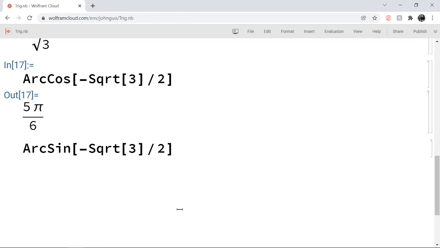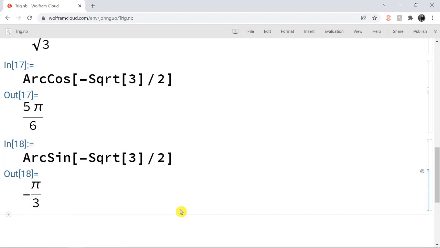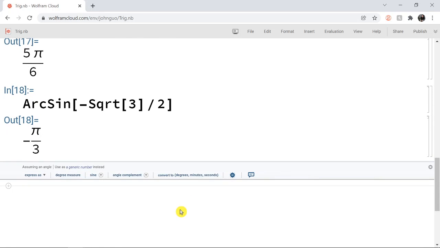But there are many angles that do that job. This ArcSine function is only going to give us back the angle between negative pi over 2 and pi over 2, or in degrees, negative 90 degrees to positive 90 degrees. So if I run this command, here I get negative pi over 3, or negative 60 degrees.